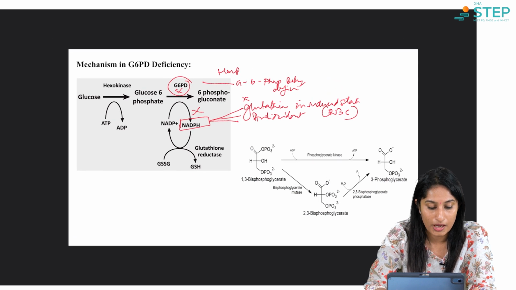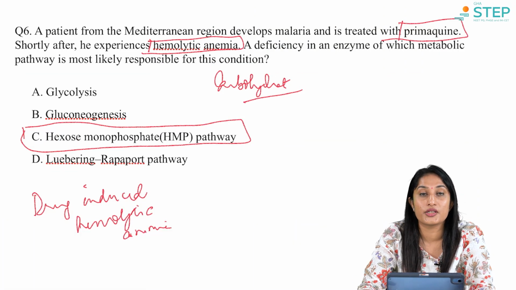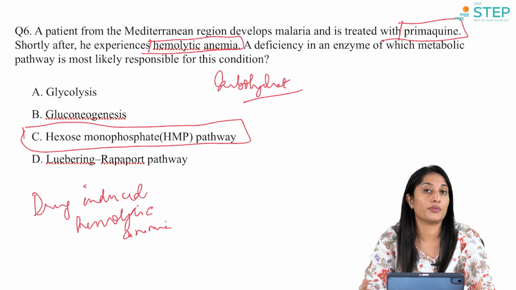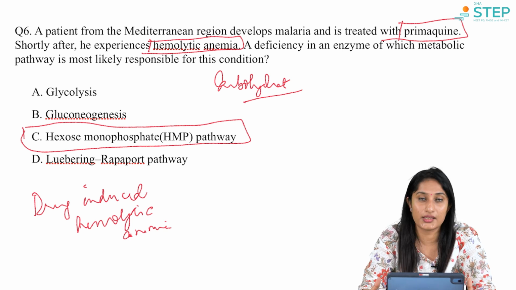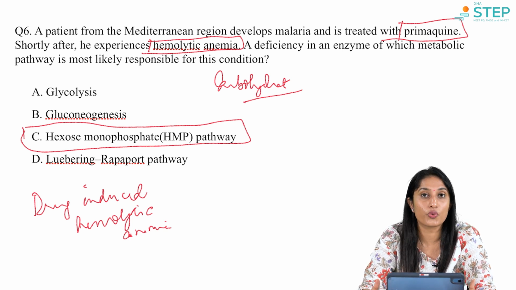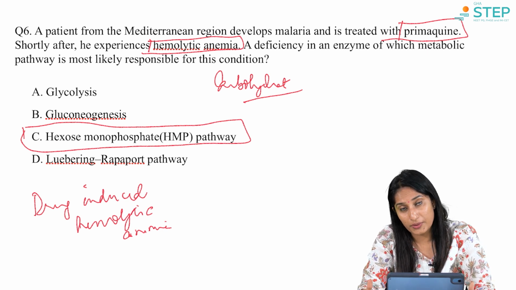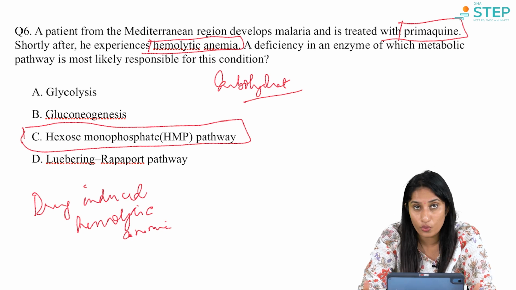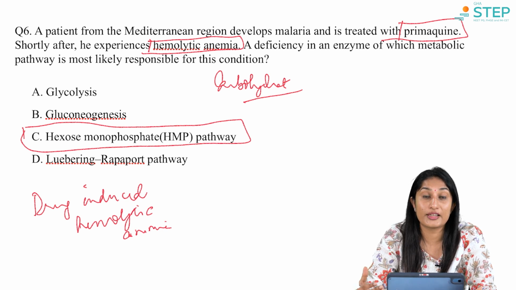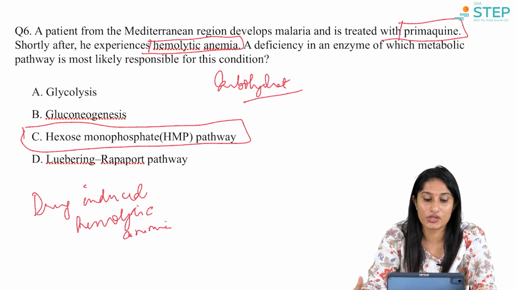So, what is going to happen in this patient? He is going to develop drug-induced hemolytic anemia because the RBC cannot maintain its membrane and it goes in for rupture or lysis. So, does every patient who is on primaquine develop this anemia? No. Only people who are deficient in this enzyme G6PD.